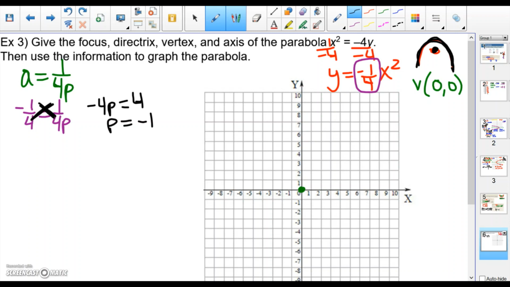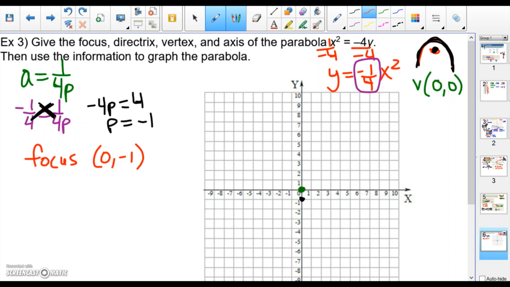But that one part is the distance. And so really that tells me what direction the focus is in, but it also tells me it's a distance of 1 away from the vertex. So there's where your focus is, okay? It's 1 away from the vertex in the negative y direction. And so we should be able to say that the focus is the point 0, negative 1.